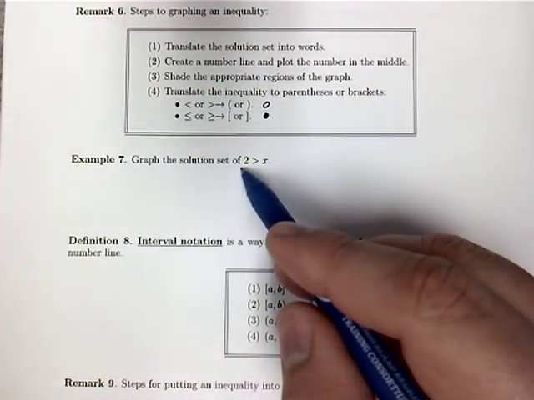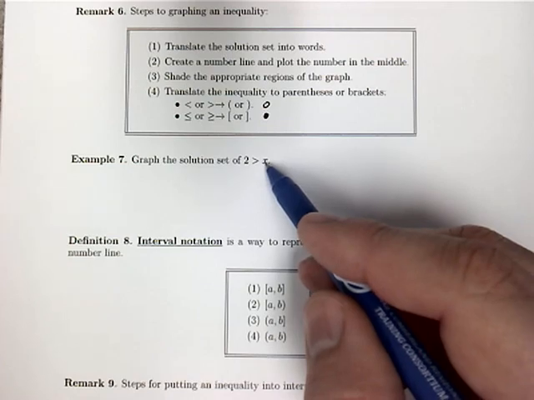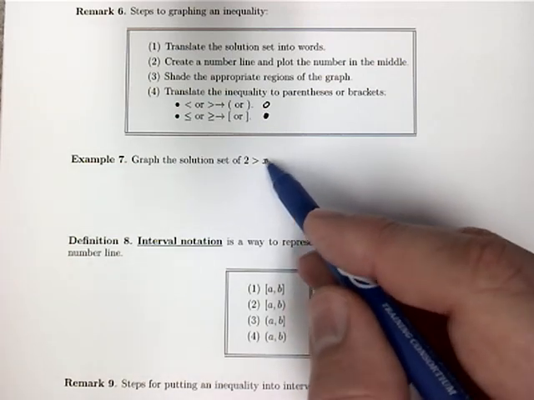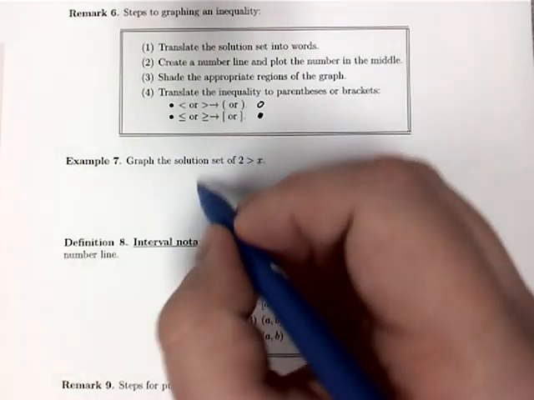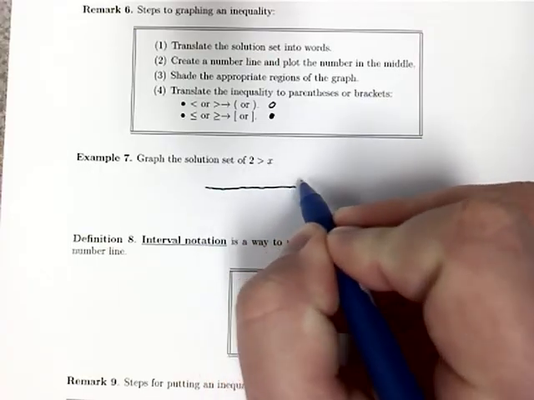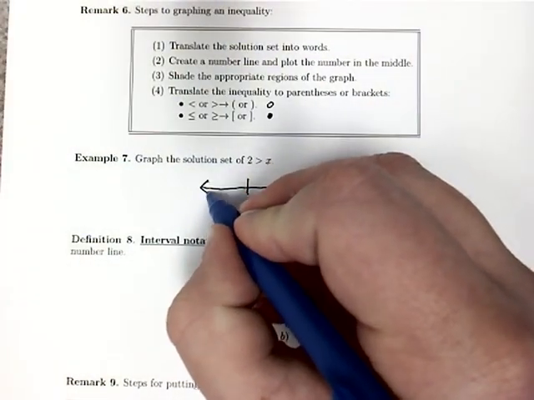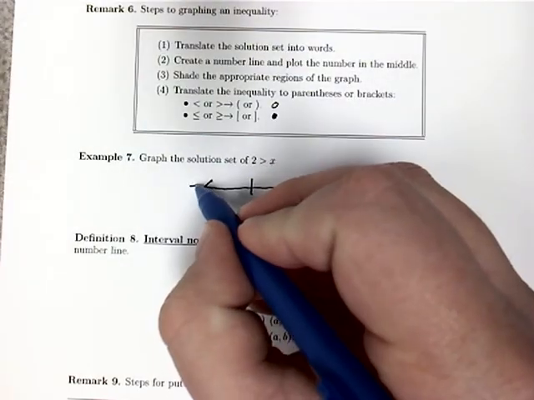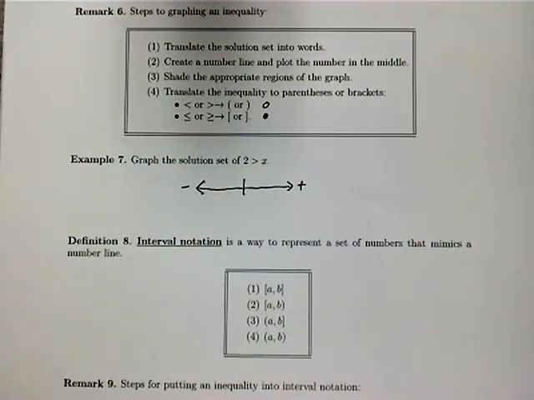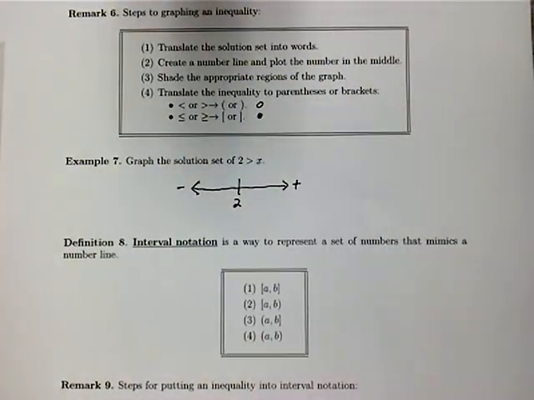But again, I was reading it from left to right, but we read it from the variable towards the number. All numbers less than 2, which we just translated on the previous page. And so now, when you make a number line, you go from negative to positive, and you put 2 right in the middle.